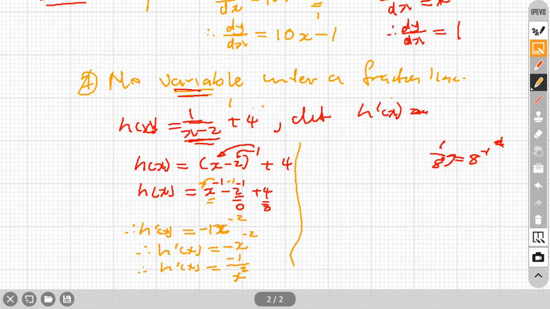Let's say another example. We're given that y is equal to 1 over root of x to the power of 3. Let me write it clearly so that everyone can see.